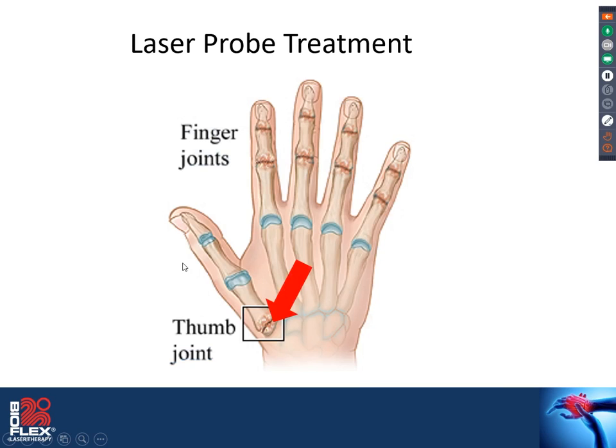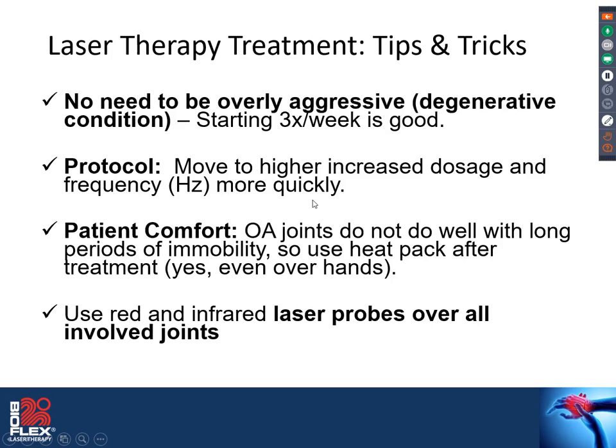Laser probe, most commonly you're going to treat the first metacarpal phalangeal joint. I want you to hold it for at least 5 seconds, maybe 6, 7, 8 seconds right on that MCP joint. Go all the way around the circumference of that joint, and then you're also going to treat the affected interphalangeal joints, whether it's distal or proximal.